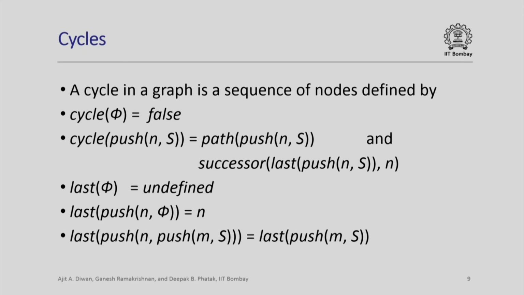So, last of push n comma s, comma n successor should be true, which just says that the first element of the sequence n must be a successor of the last element of the sequence. So, last here is a function that returns the last element in a sequence. It is undefined for the empty sequence, and it can be defined in the usual way for any non-empty sequence.